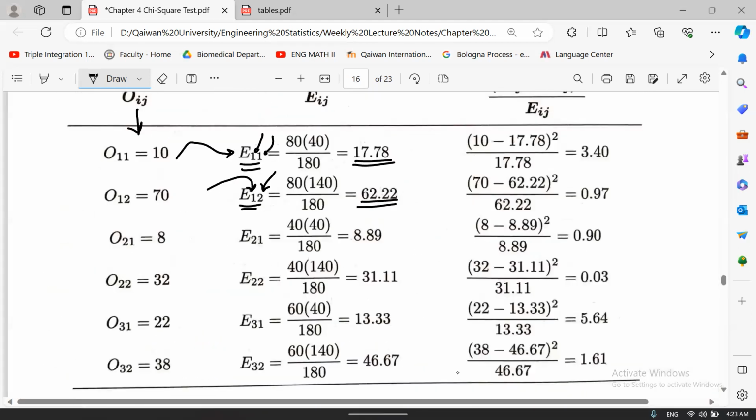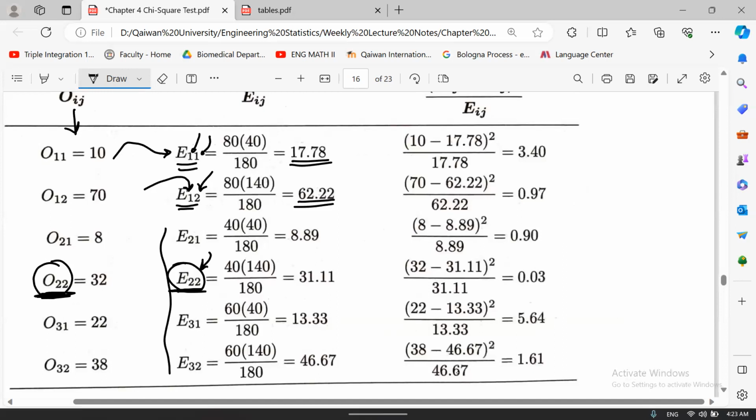After finding all the E values, we take the observed frequency minus the expected frequency at the same level for each one, square it, and divide by the expected frequency.